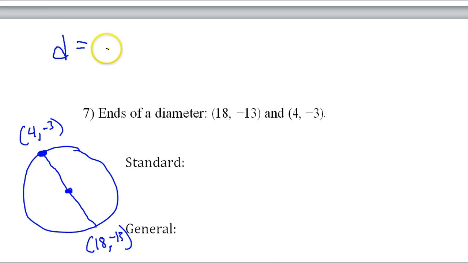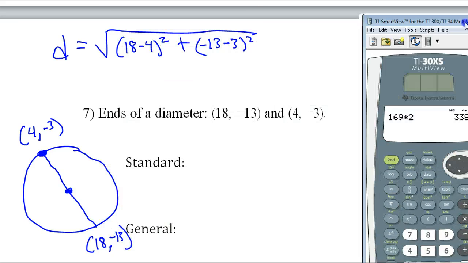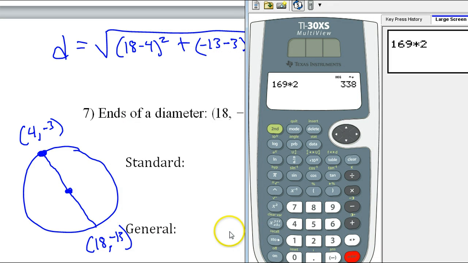So the length of the diameter will be the square root of the distance formula, which goes like x minus x, so 18 minus 4 squared, and then y minus y, so that would be negative 13 minus 3 squared. So this is going to give me the distance. Now I could do this piece by piece, but this time I'm just going to type the whole thing in my calculator as is.